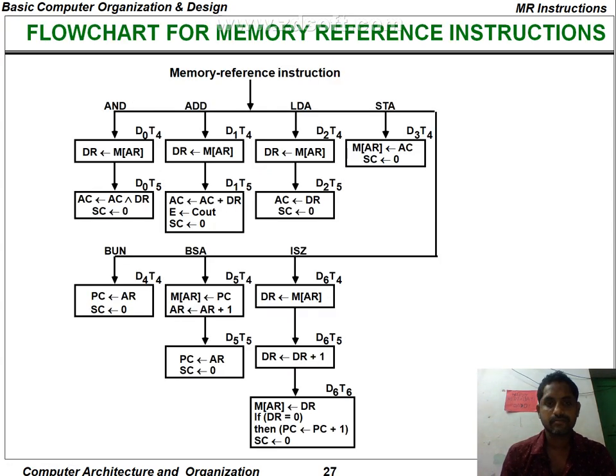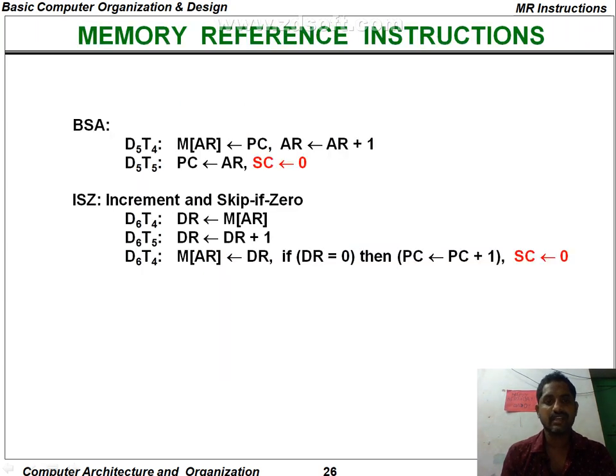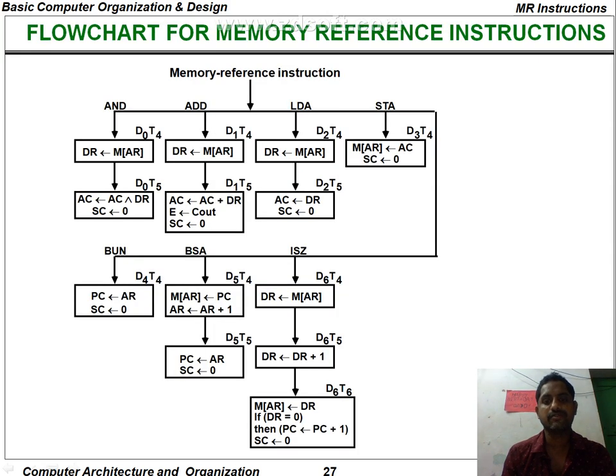Okay, so these are the operations: how we can perform the AND operation, like the add operation, load operation, store operation. These operations perform the branch conditional, branch unconditional, branch and save address, and increment of the particular ISZ. Okay, increment and skip if 0. So these are all based upon the control signals and timings.